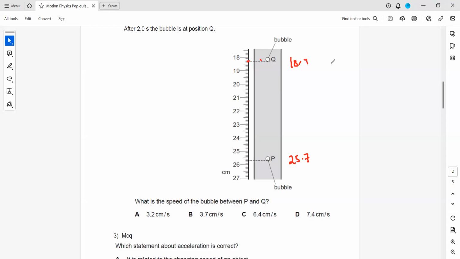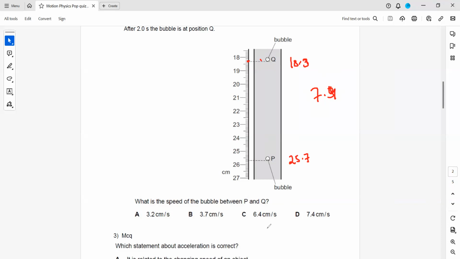So it will be 25.7 minus 18.4, which equals 7.3. And because this one is 25.7 and this is 18.3, it becomes 7.4.